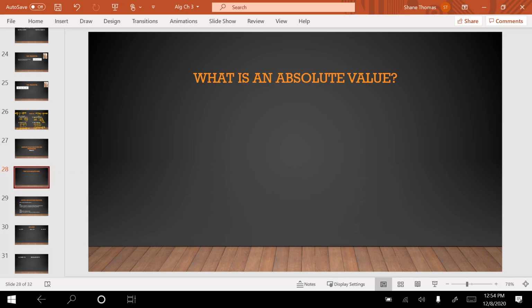So an absolute value, this is one of the most common examples. If I have negative 2, the absolute value of negative 2 is going to be positive 2. A lot of people say it makes the inside positive, which I'm okay with.